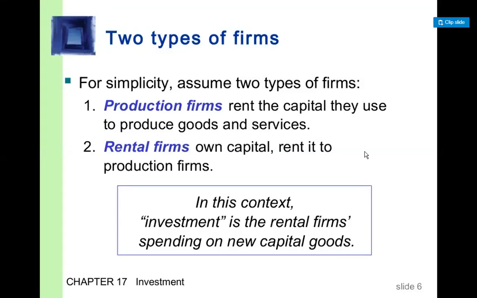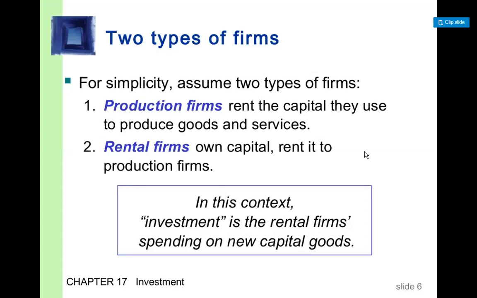So in this context, in the two types of firms, business fixed investment is the spending of rental firms on new capital goods.